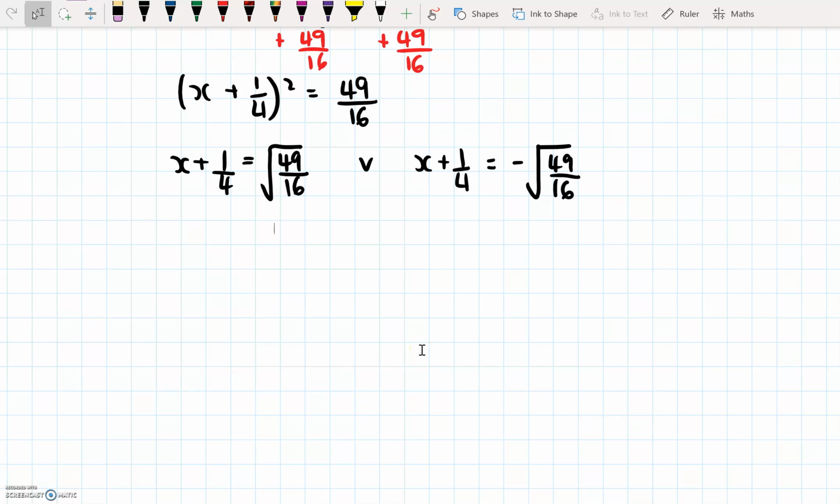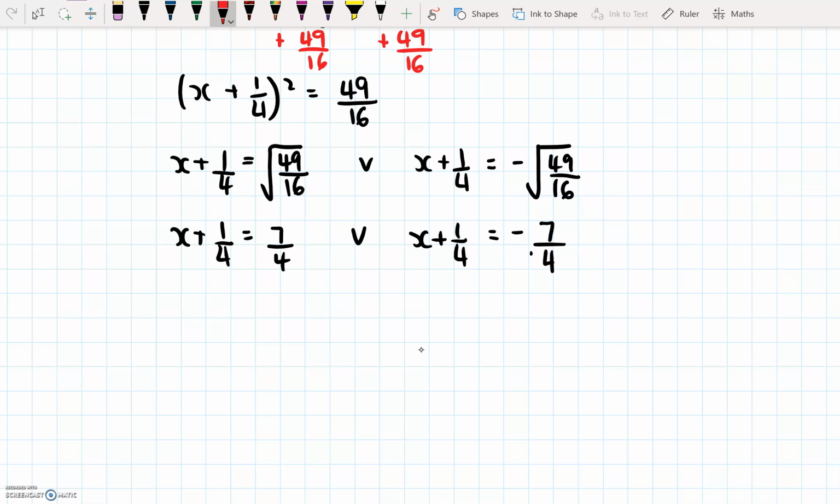So the square root of both 49 and 16 exists, which means that you will get x plus 1/4 equals the square root of 49 is 7, and the square root of 16 is 4, or x plus 1/4 equals negative 7 over 4. This is now really nice because these can be combined.